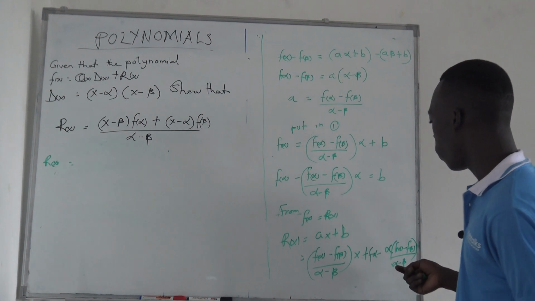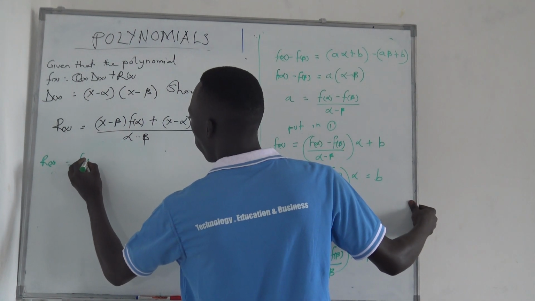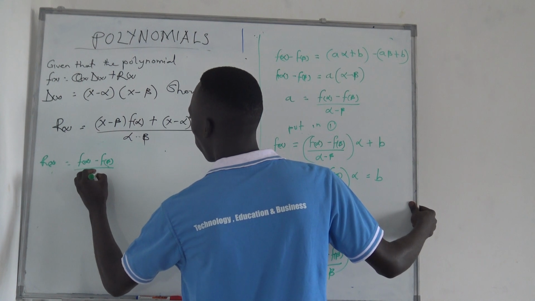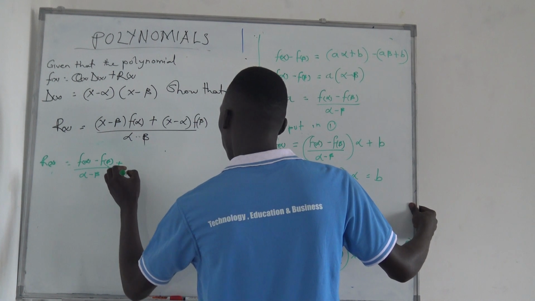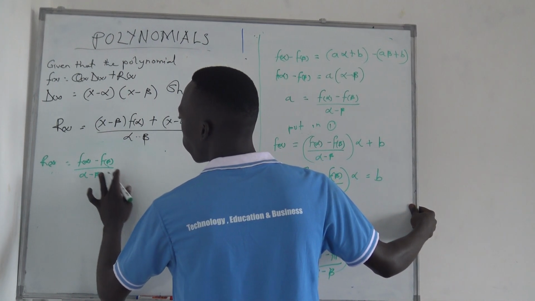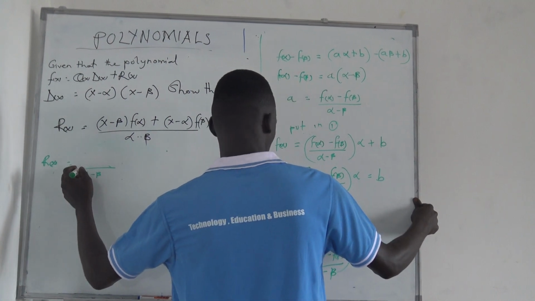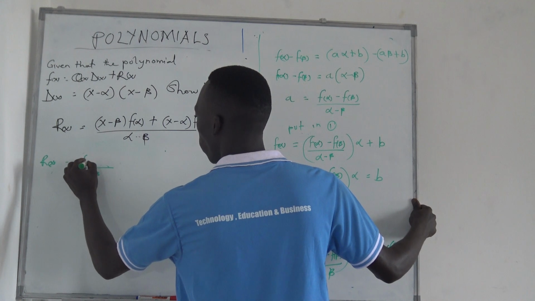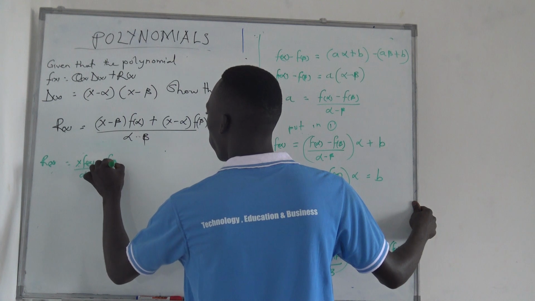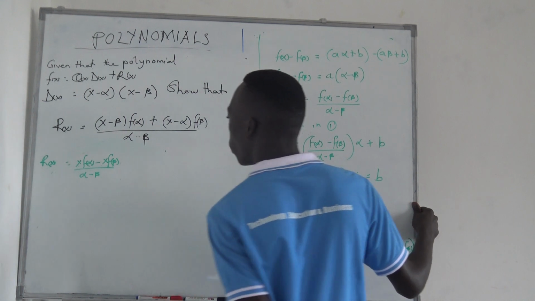This gives f of alpha minus f of beta out of alpha minus beta, plus, here it is times x. When you multiply this by x, we affect only the numerator, which gives x f of alpha minus x f of beta.